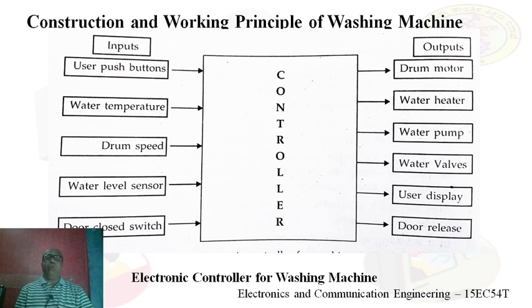So in this way, the clothes are washed in a machine. In a front loading machine, the clothes are tumbled into the water over and over again. This is what happens in the first phase of washing.